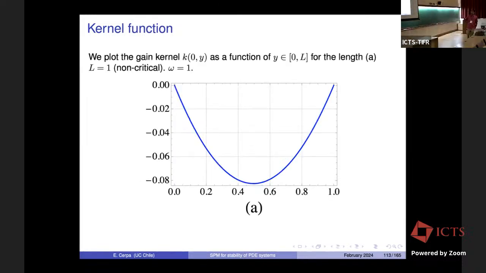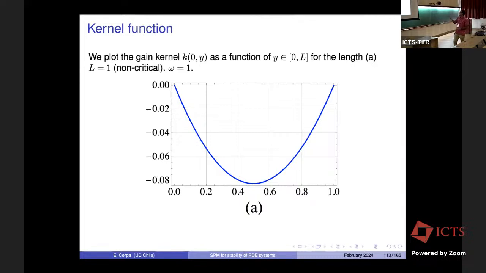Here I'm doing some numerical simulation to get a feel for how this kernel function behaves, for different values of the domain. Remember that for some domains it's very easy to stabilize when the domain is not critical, and when the domain is critical it's harder to stabilize. This numerical simulation just illustrates that fact.